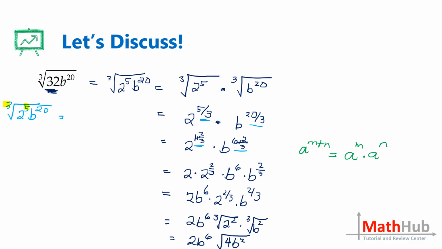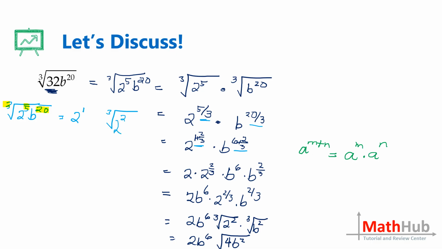Alright, so similarly with this. 5 divided by 3 is 1, so we have 2 raised to 1. 5 divided by 3 is 1, remainder 2, right? So the remainder 2 stays inside.